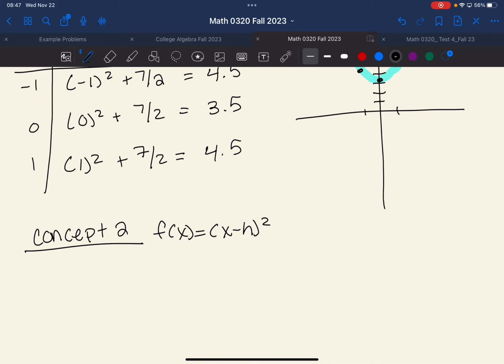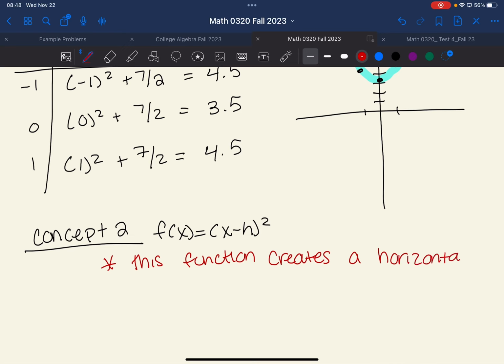Left and right. Okay. So this function creates a horizontal shift. Remember, horizontal, left and right.